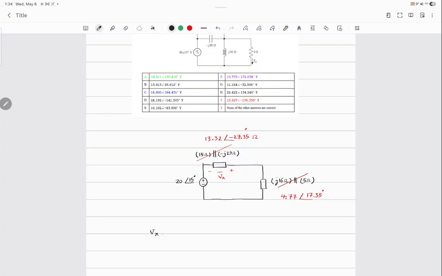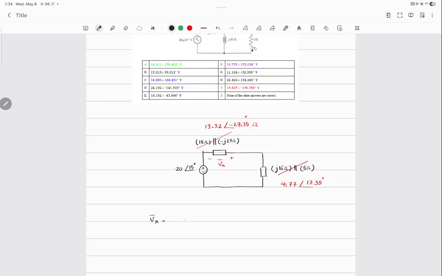So how can I find Vx now? Voltage division. 20 angle 15 volts multiplied by what? 13.32 angle negative 27.35 degrees divided by 13.32 angle negative 27.35 degrees plus 4.77 angle 17.35 degrees.